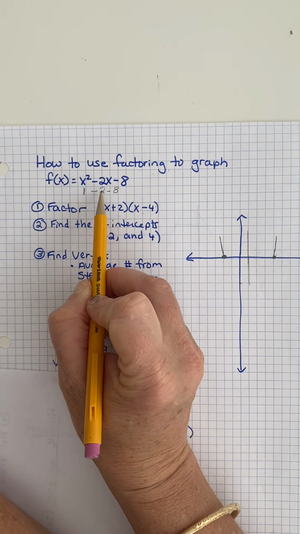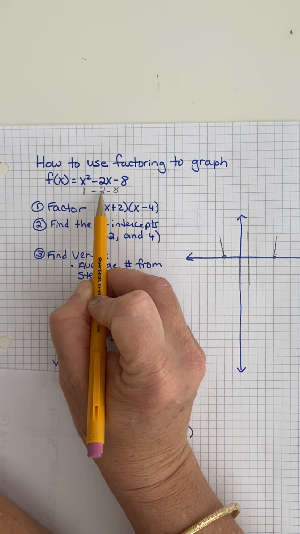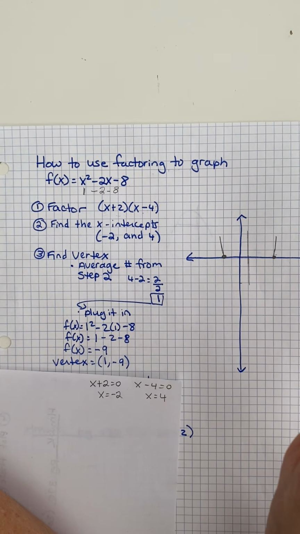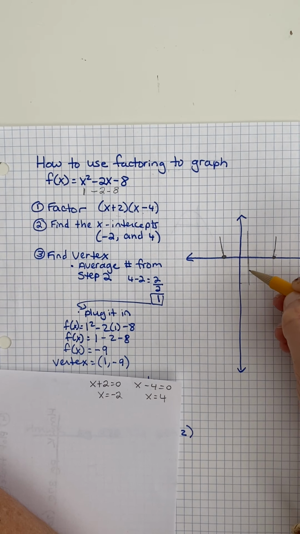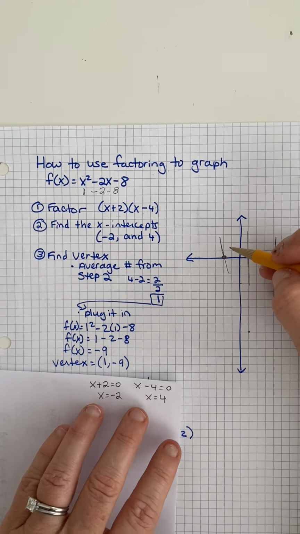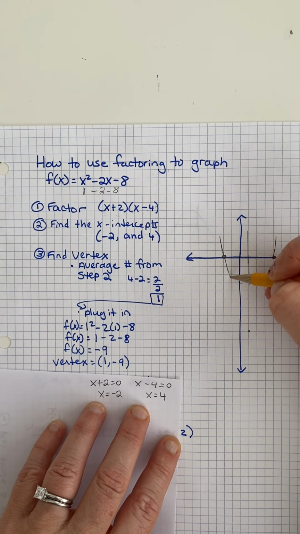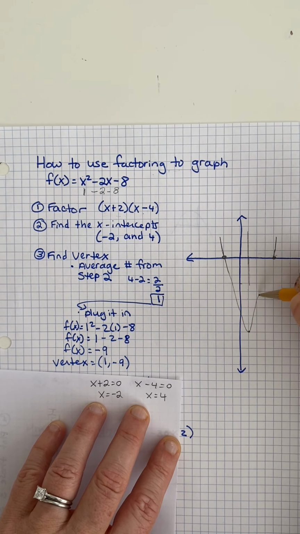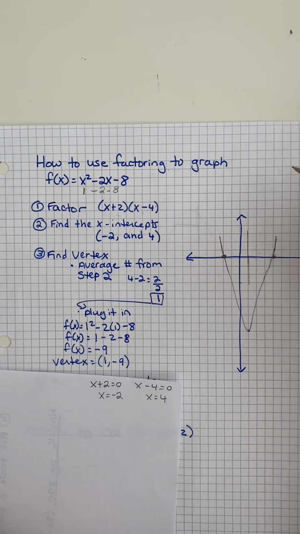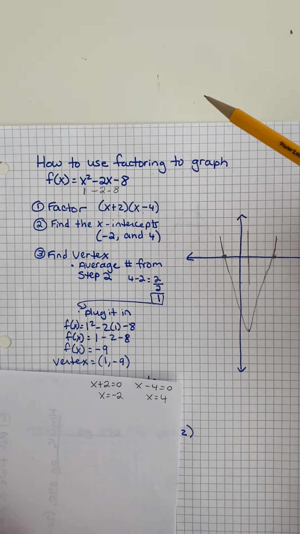So 1 minus 2 is -1. -1 minus 8 is -9. Okay, and there you go. That's how you can use factoring to graph it.